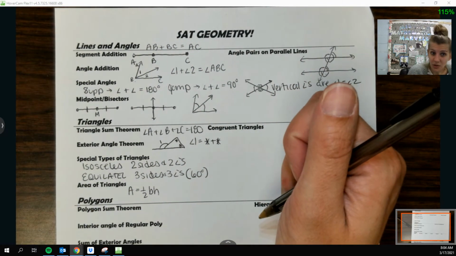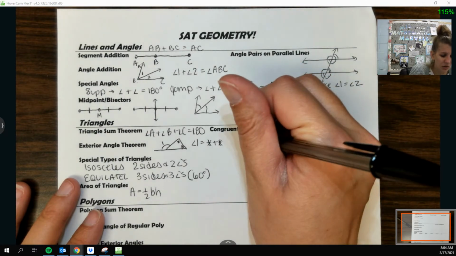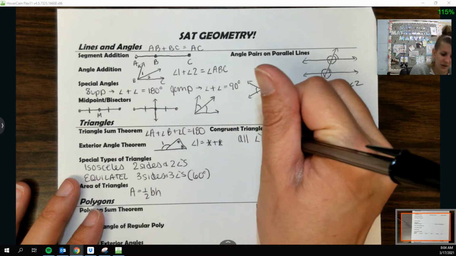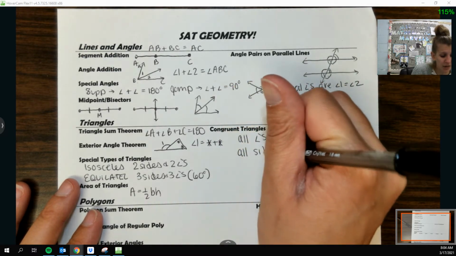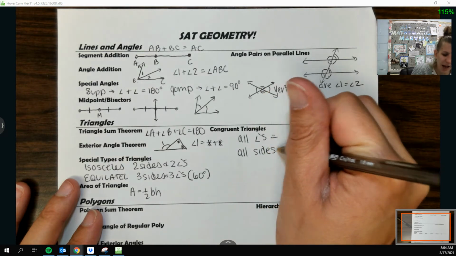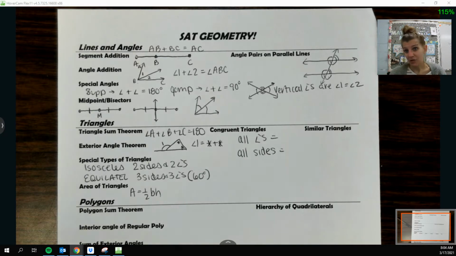We talk about congruent triangles in geometry. So in congruent triangles, all of your angles need to be equal to each other, and all of your sides need to be equal to each other. However, we learned some shortcuts. I don't necessarily need to know that all of the angles and all the sides are equal to be able to say that triangles are congruent to each other. But once they are, then all of the pieces are.